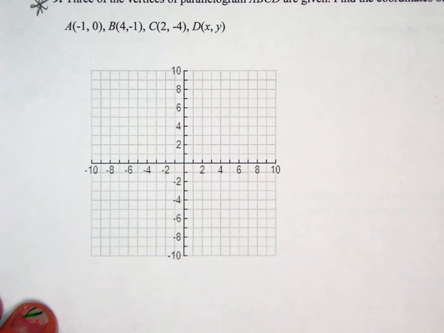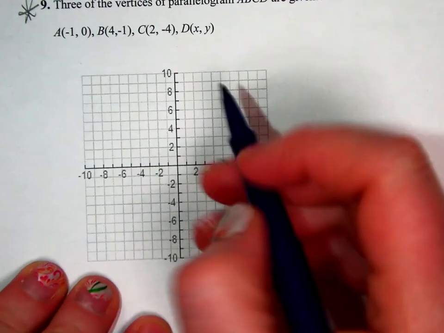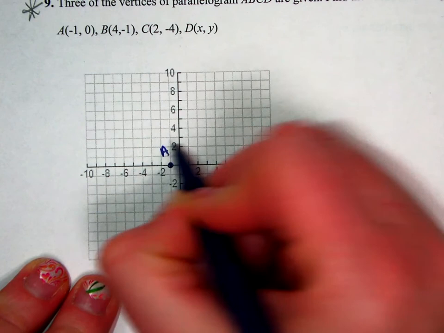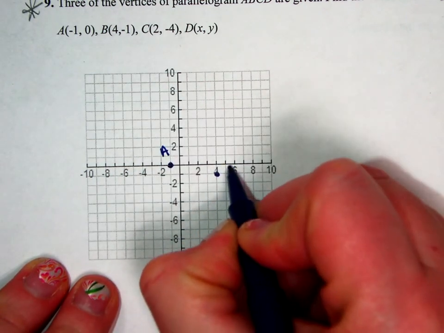So on A, B, C, and D, plot the ones that you can. I'll use a dark blue. So A is -1, 0. So this is A. B is 4, -1.